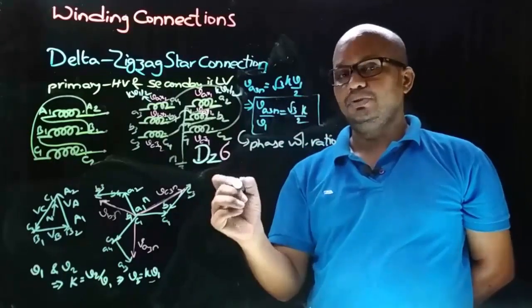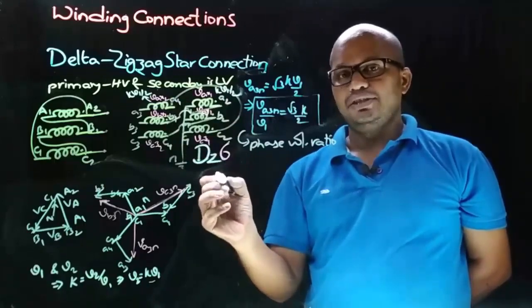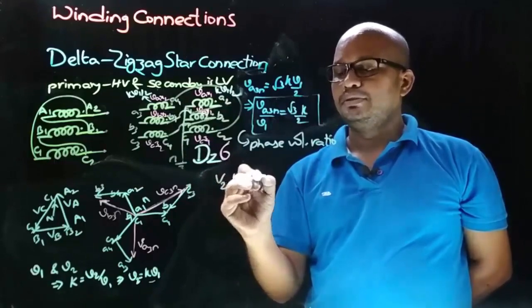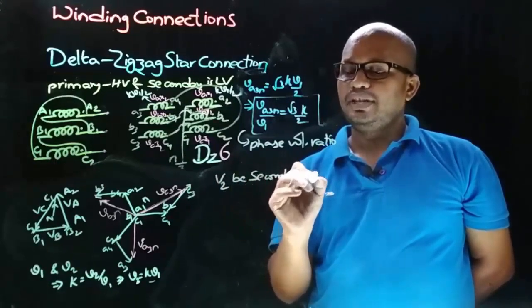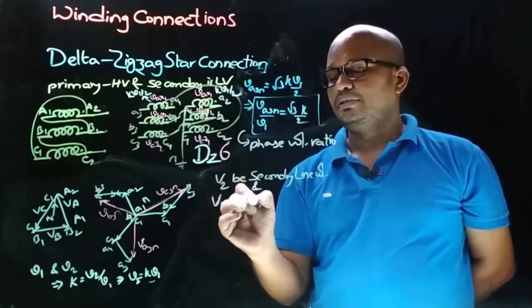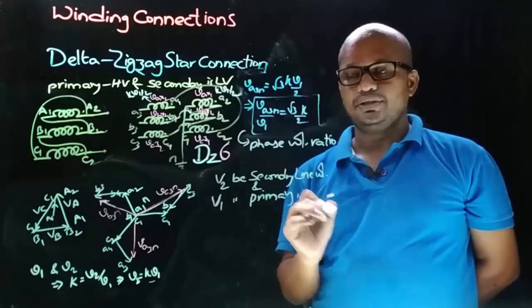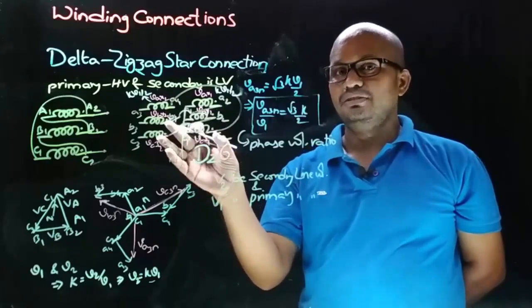And now coming to line voltage ratio of delta zigzag connection, let capital V2 be the secondary side line voltage and capital V1 be the primary side line voltage. And on secondary side, this represents star connection.